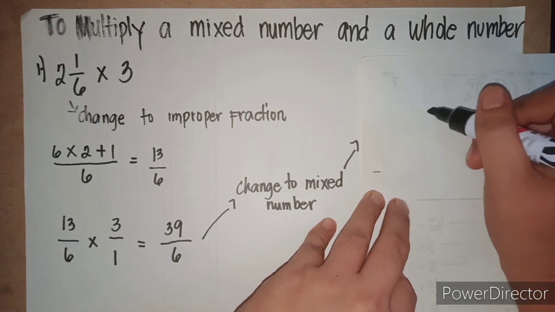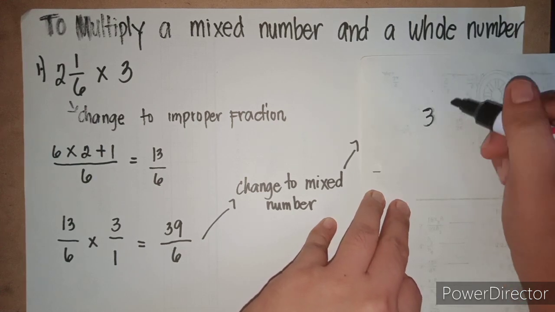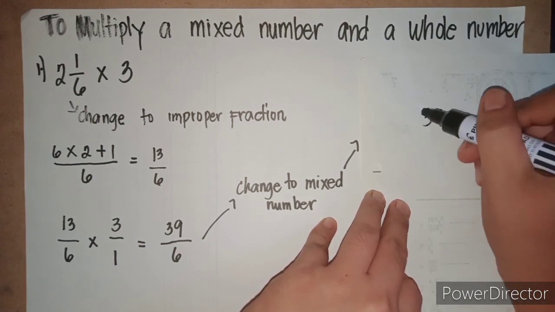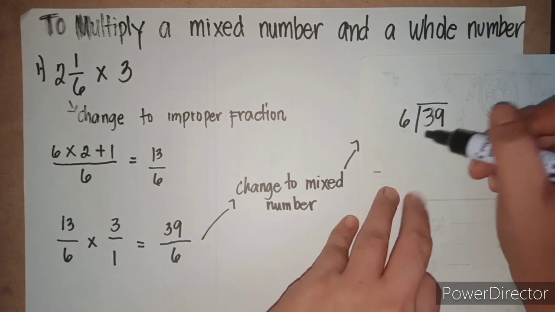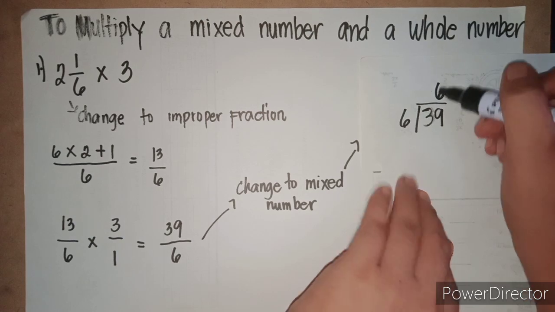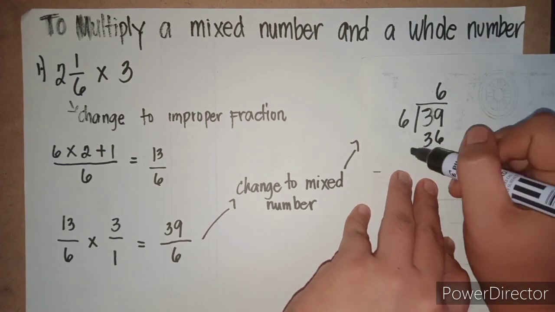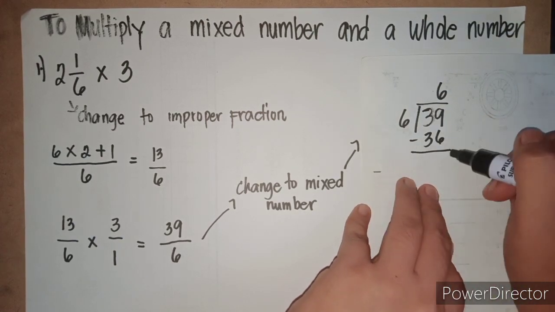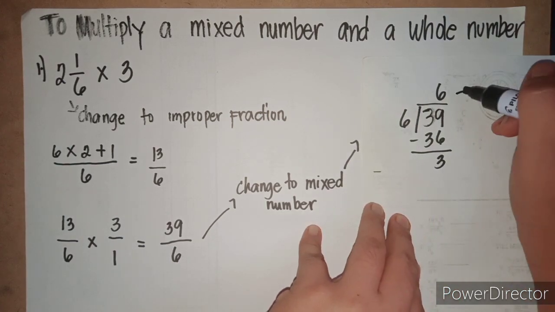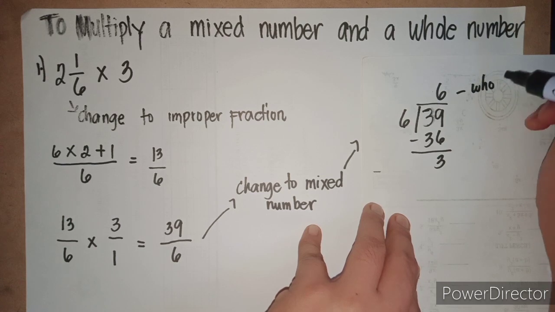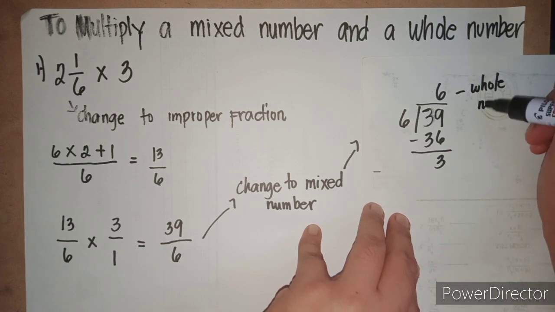So we have now 39 divided by 6. 39 divided by 6 is 6. 6 times 6 equals 36. Then subtract 39 minus 36 is 3. Okay, our quotient is 6 and 6 is our whole number.